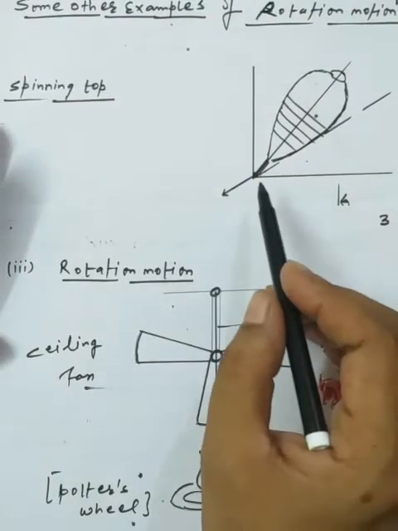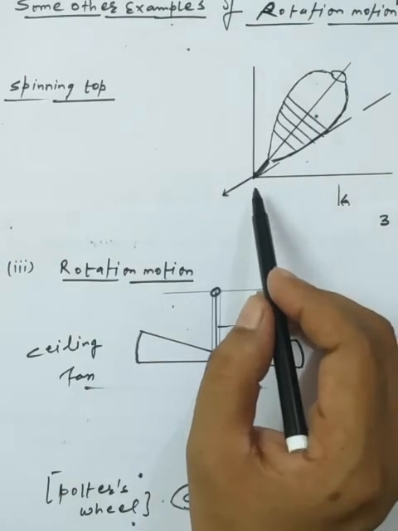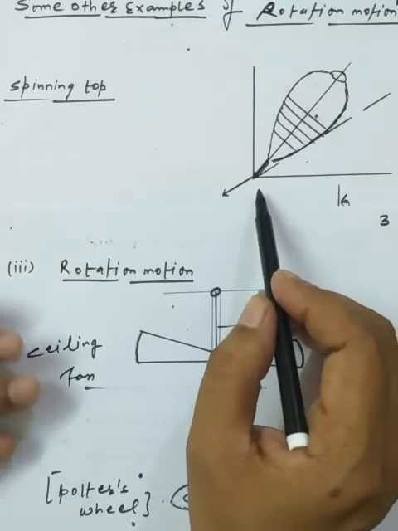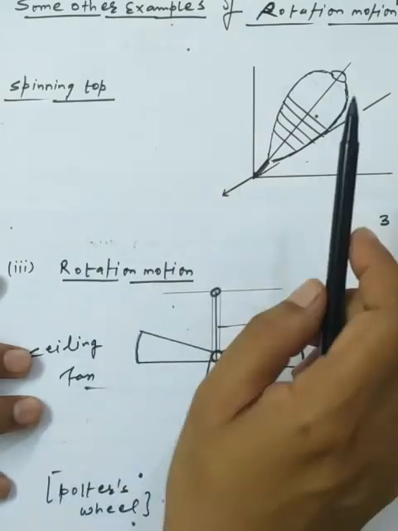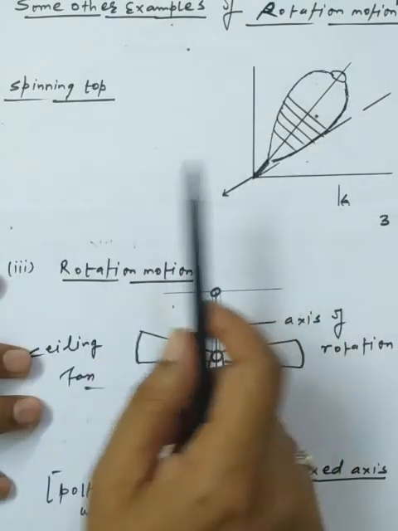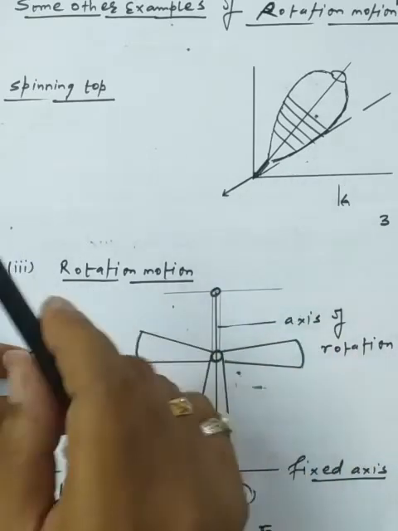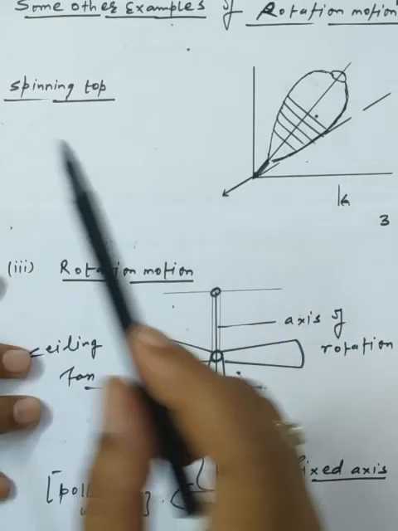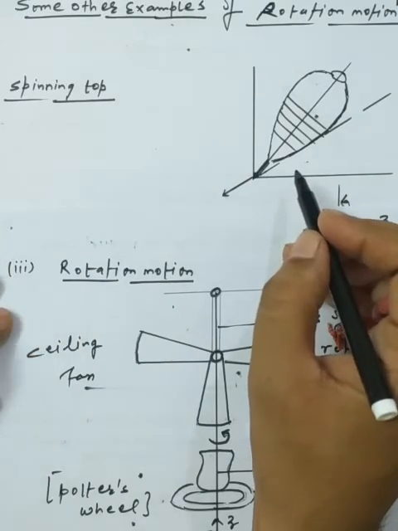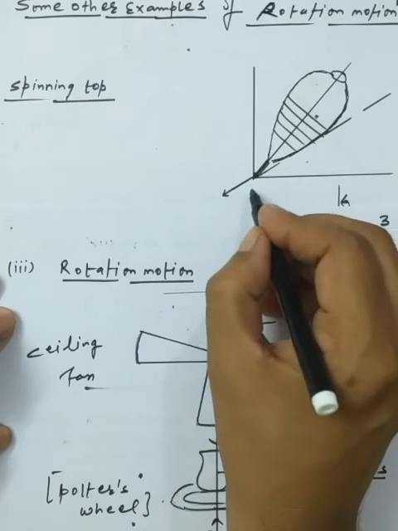Now one of the basic examples we have is the spinning top. Here we take the concept of the spinning top, in which its axis of rotation moves in a horizontal plane. Here the point of contact of the top with the ground, its tip O, is fixed.